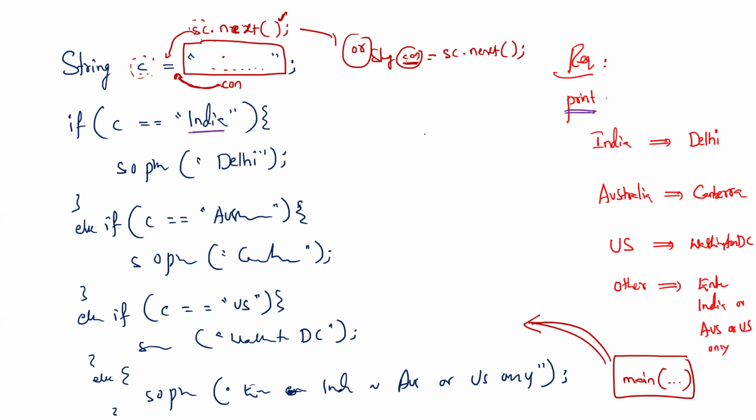My point is, can I write the first condition for Australia? Yes or no? Then can we write else if condition with India? Then can we write the third one for US? Still, do we get correct outputs or incorrect outputs? Correct outputs only. First only can we write US? Second, can we write India? Third, we can write Australia. Any order. Okay.